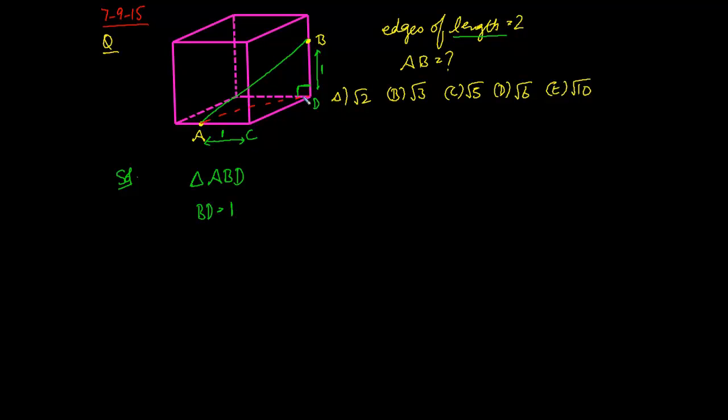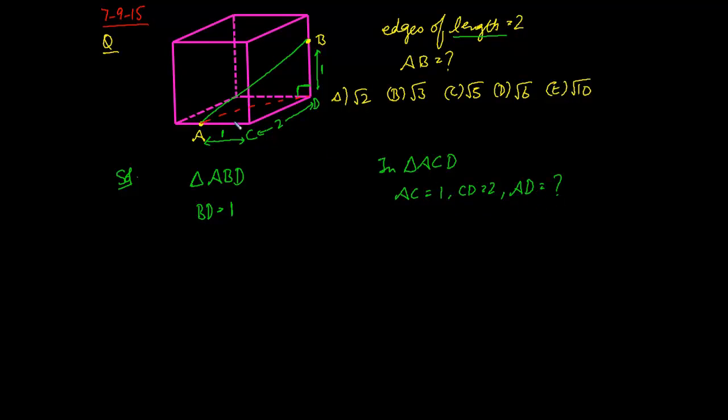We don't know what AD is, we don't know what AB is. So let's first calculate AD. So in triangle ACD, we know AC is equal to 1, CD is given as 2, we need to calculate AD.